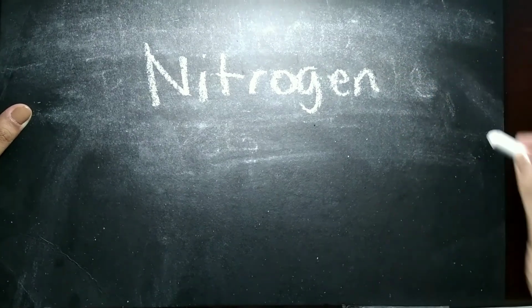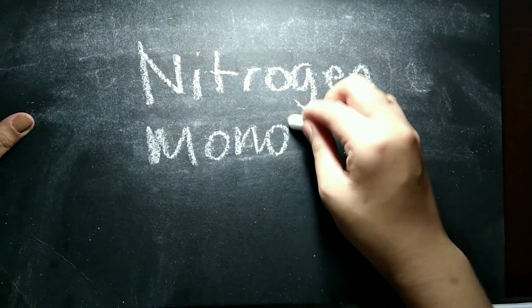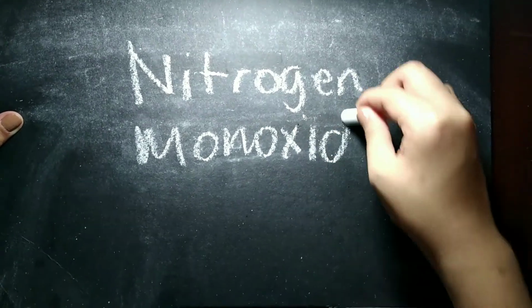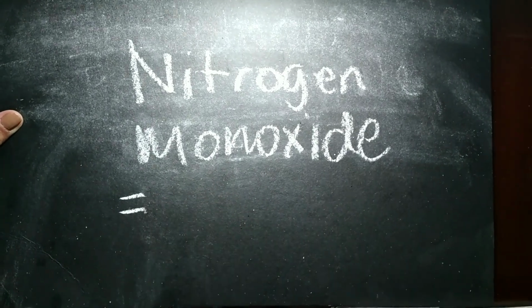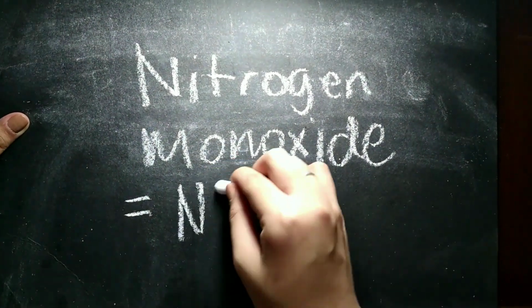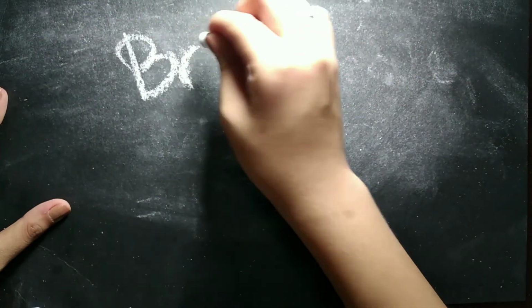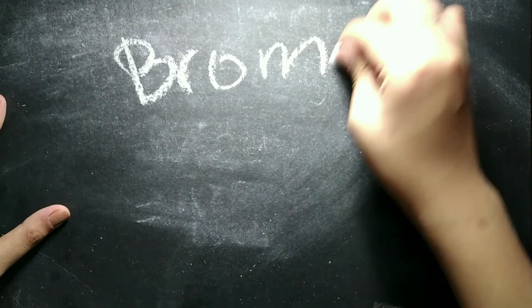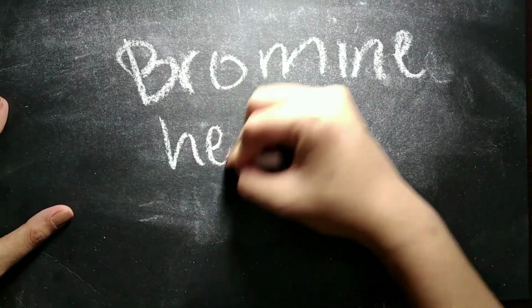The number 3 example is nitrogen monoxide. And the covalent formula of nitrogen monoxide is NO. And the number 4 example is bromine heptoxide.